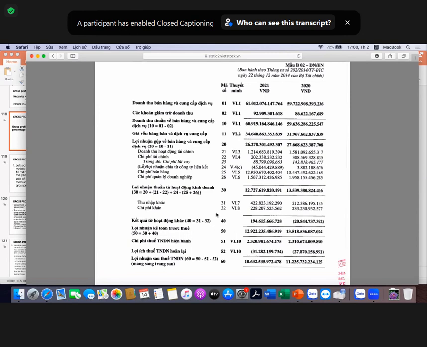Yes, the gross margin in 2022 is 46.4%, and in the 1991 is 26.72%. Đến năm 2021 thì là hơn 26%, còn năm 2020 thì là hơn 46%.